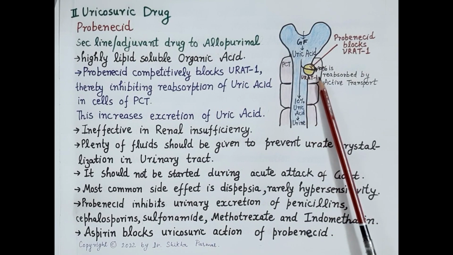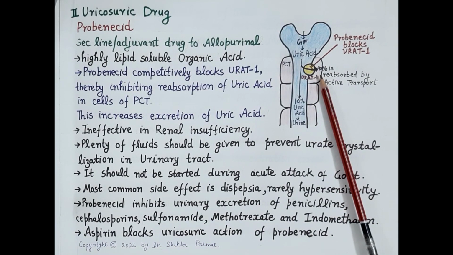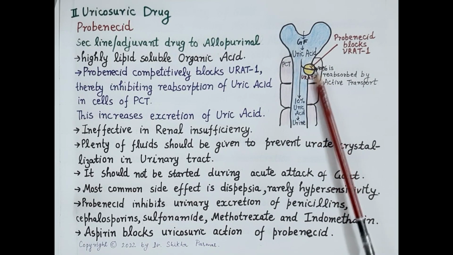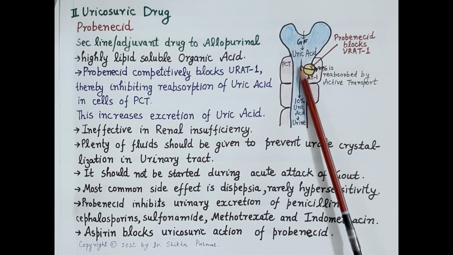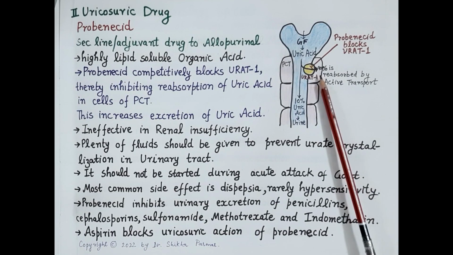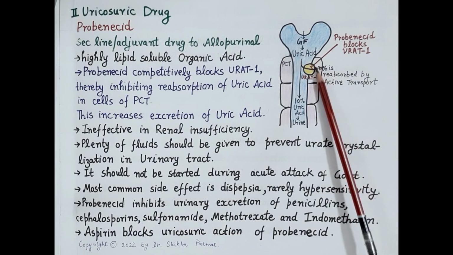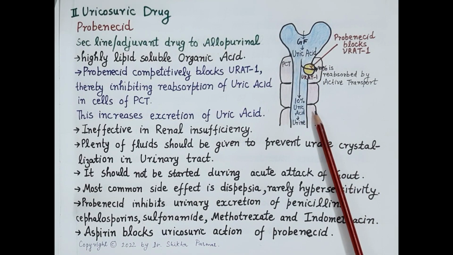Now, this reabsorption of uric acid is mediated by a transporter. The transporter is shown here in yellow color. This transporter is URAT1. URAT1 is the transporter responsible for the reabsorption of 90% of the filtered uric acid in the cells of the proximal convoluted tubule.